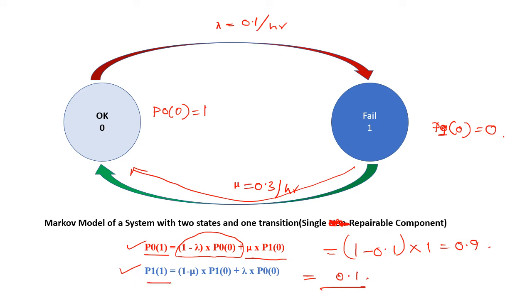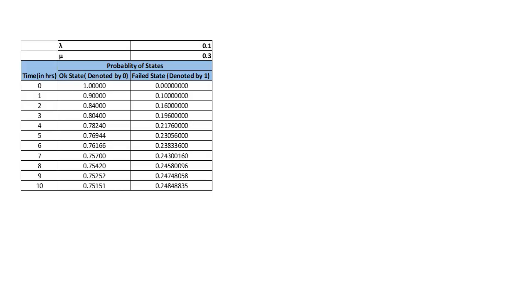We can use this formula and make an Excel sheet similar to the earlier case, and we get these values. Now you see the values are decreasing, but they become constant after some iterations. You can see they are becoming constant around 0.75, right?